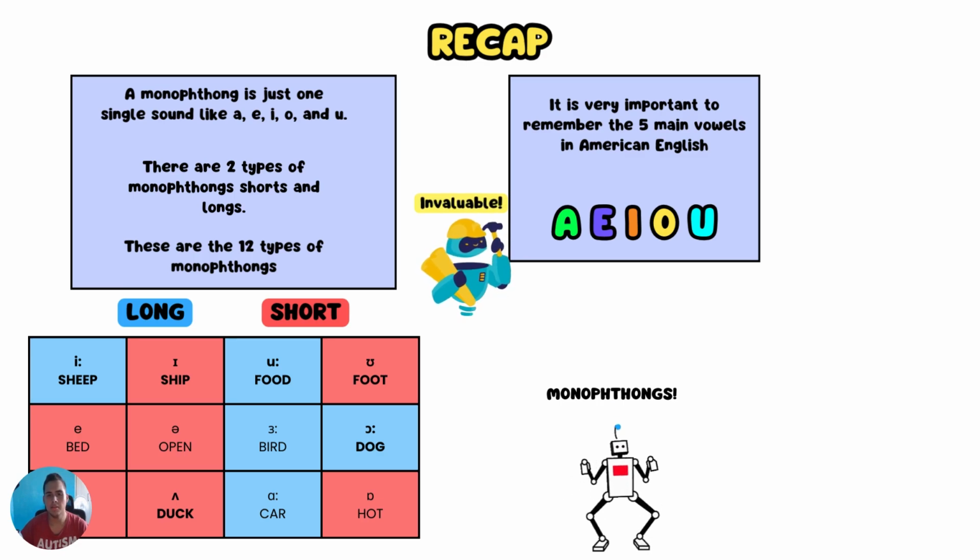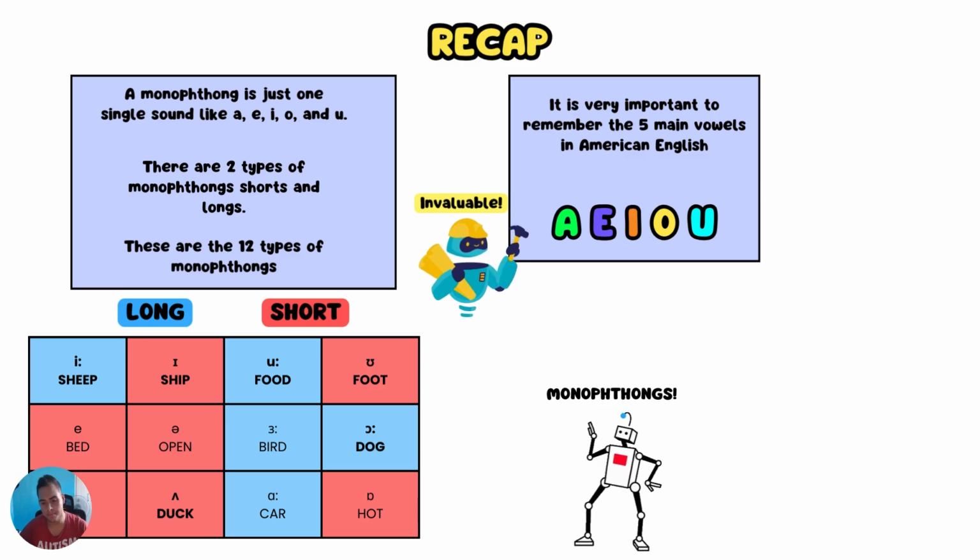The next one, set. First of all, we need to recap everything that we have learned. Monophthongs are just one sound: a, e, i, o, u. And there are in total 12 monophthongs. You can pause the video and check the 12 monophthongs that are there.